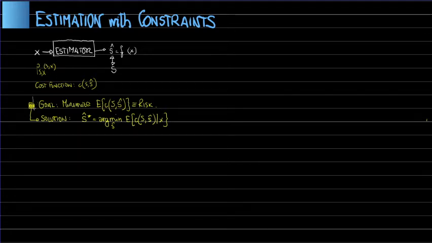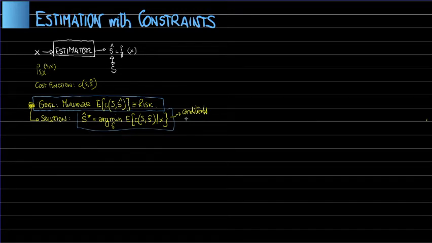Keep this in mind. The goal is to minimize the risk, and the general solution is the estimator minimizing this expression, which is the conditional risk.